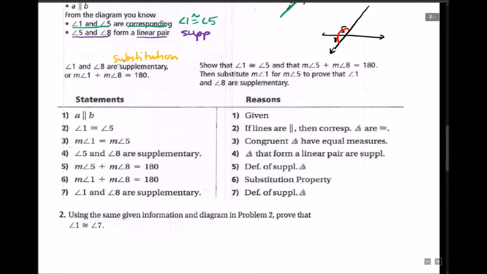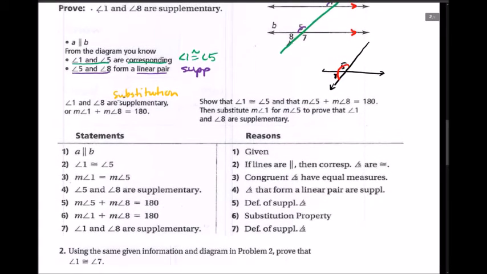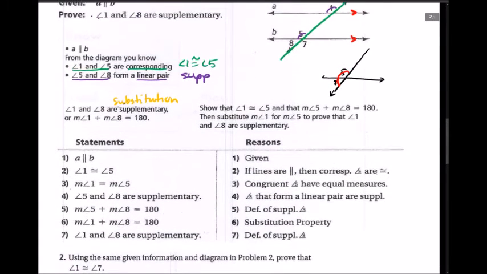So we are given that line A is parallel to line B. Right there, that's just a given. And then angle 1 is congruent to angle 5. And we said that's just the corresponding angles postulate. Again, you can write it out or you can write its name.